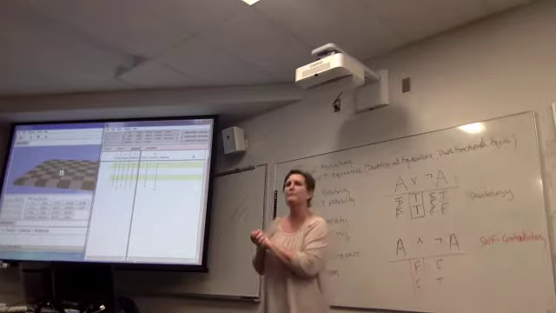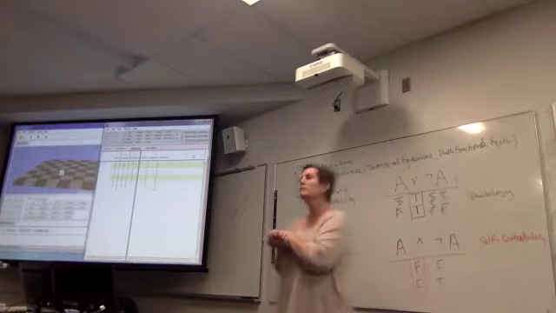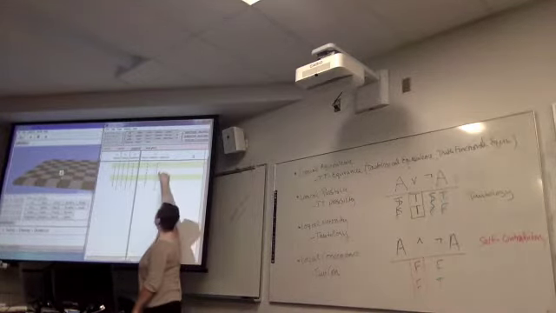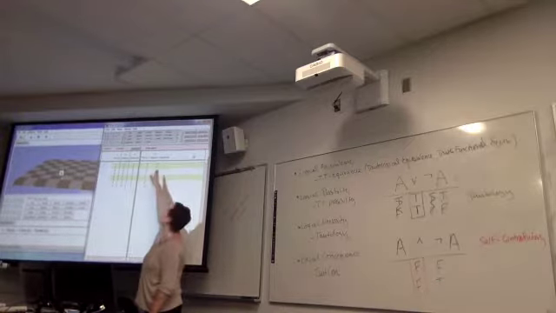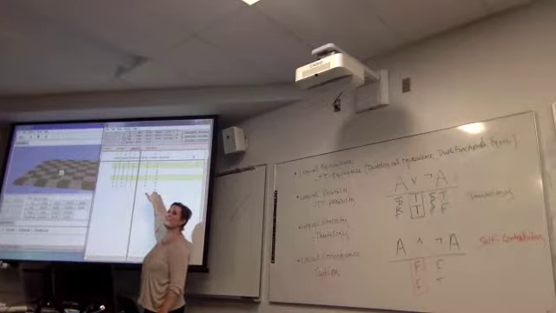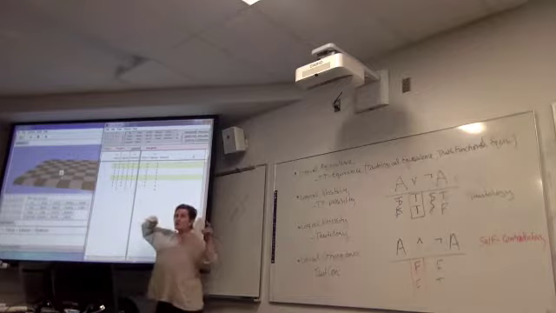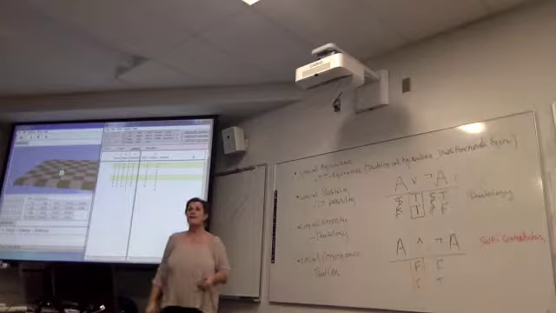Matthew, what are you thinking? So I just want to clarify. The only way it could be tautological is if everything there was true. The only way this sentence is a tautology is if every single truth value is T, is true, in the column under the main connective. We don't worry about this set of values; it gets discarded effectively after we've determined the last set of values.